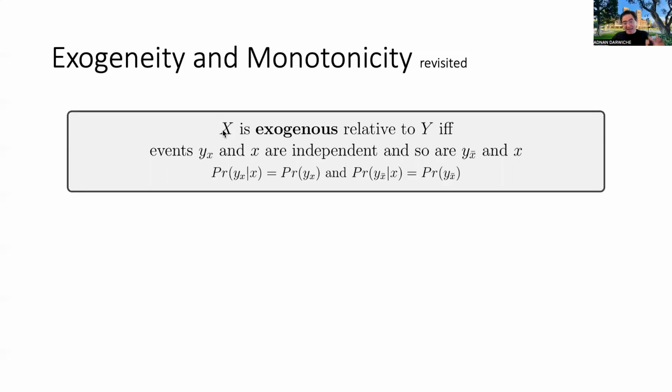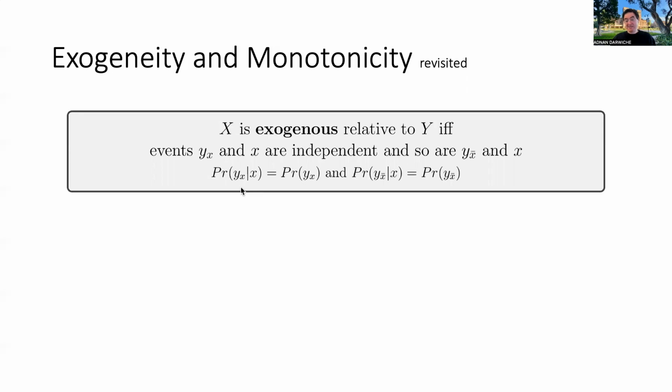Start with X is exogenous relative to Y. Don't read these two yet. The intention is I want to be able to reduce action to observation. Here's the condition. This event is independent of that, and this event is independent of that.